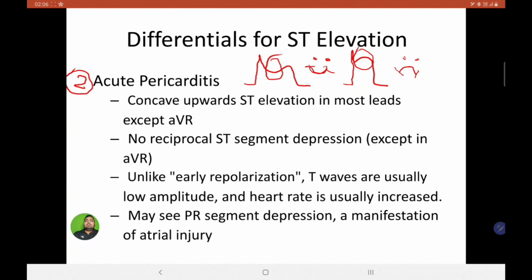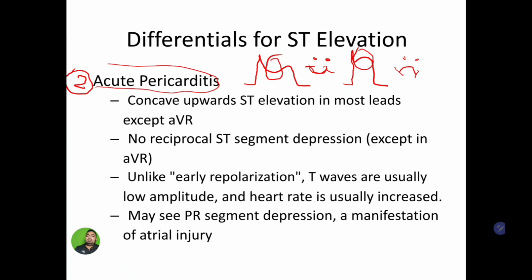You can see that there should be ST elevation in some leads and ST depression in the reciprocal leads. Such a thing does not happen in acute pericarditis. There is concavity upwards in ST segment elevation in most of the leads except AVR.